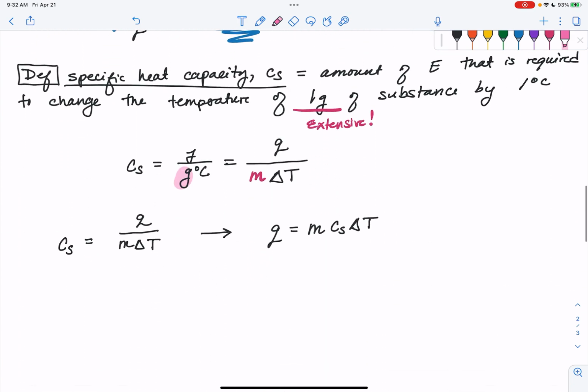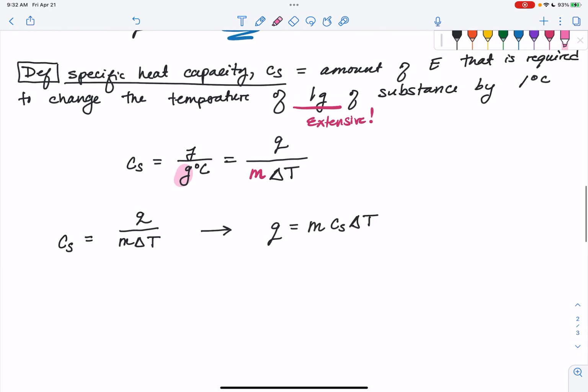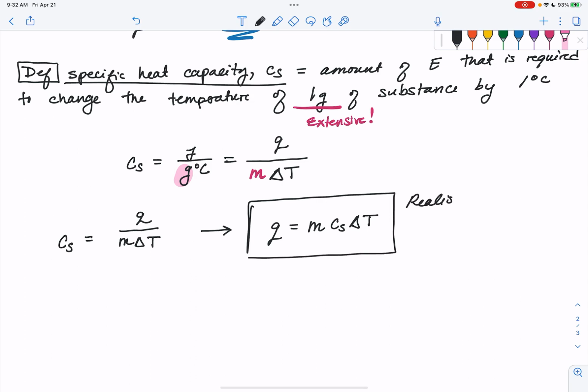So I am going to be a little picky on this unit here. So this equation, Q equals MC delta T, is the more realistic heat equation.